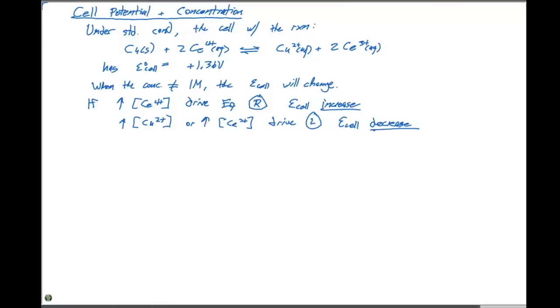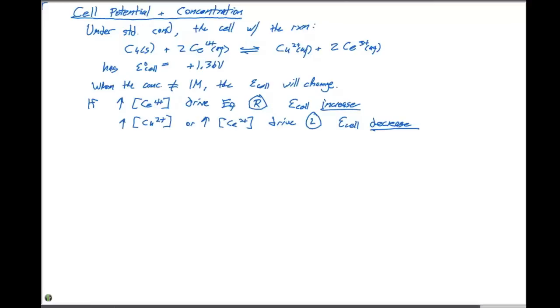We can do the same thing with decreasing the concentrations and analyzing how this equilibrium will shift. So the question is, how can we perform a calculation on this and predict what the overall cell potential would be by changing these concentrations?